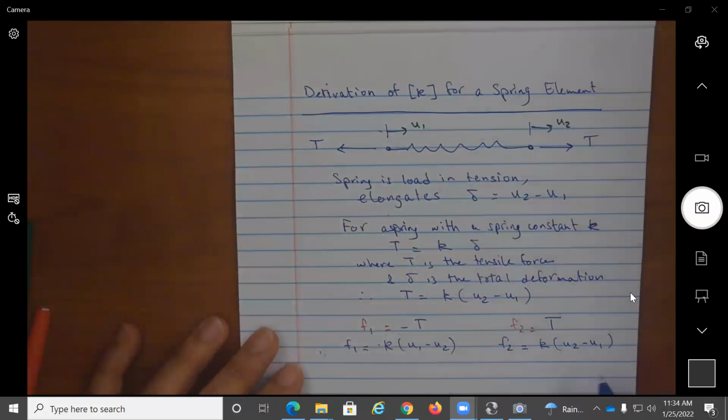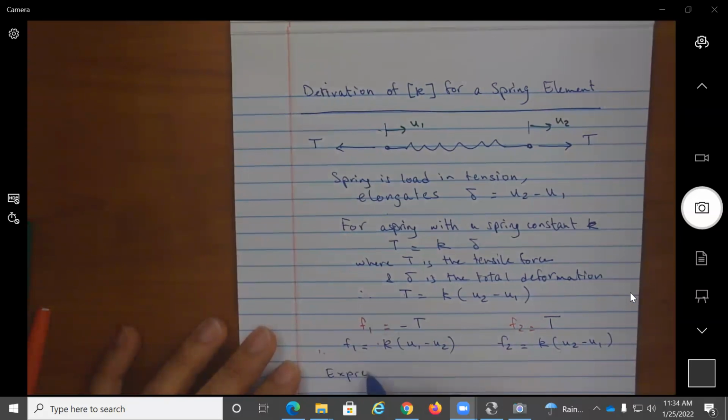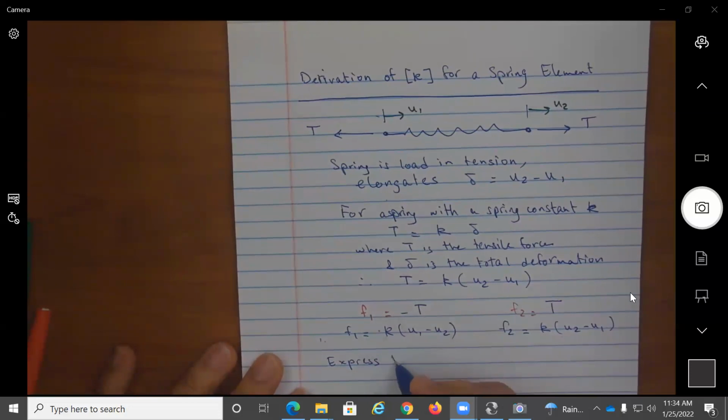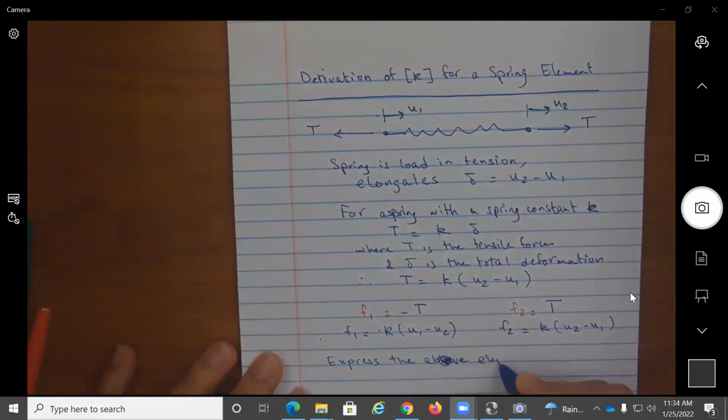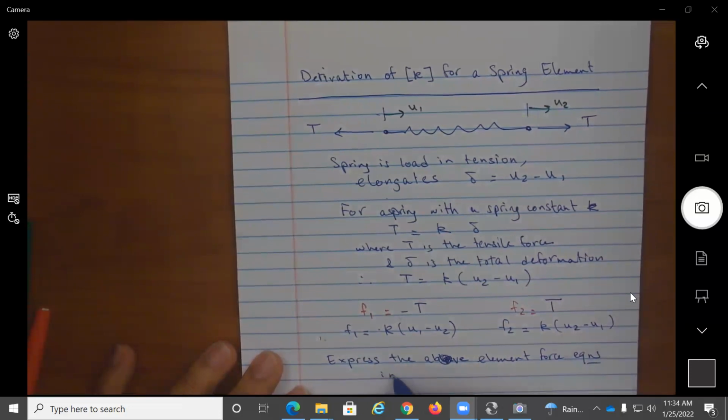So now I have here two equations that we can express the above element force equations in matrix form.